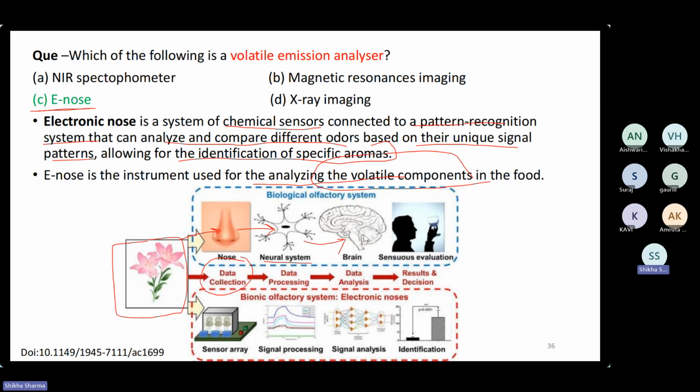So the brain will analyze and think, okay, last time this kind of aroma or this kind of volatile compounds came, it was this particular compound. So from the brain memory, the particular compounds or signals which are sent from the neural system will be detected. Okay, this compound is this. So we can understand this kind of sense, and then we can evaluate, okay, this smell is of this food product.